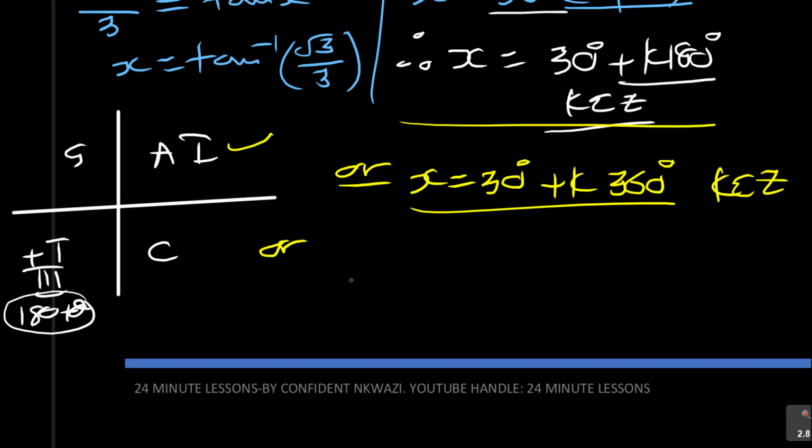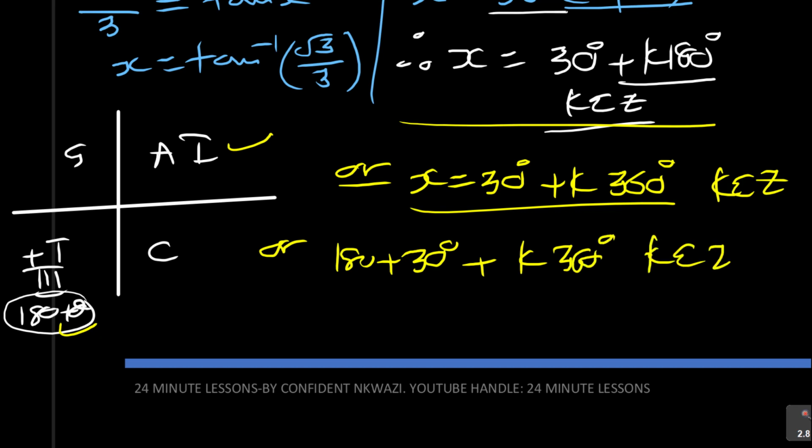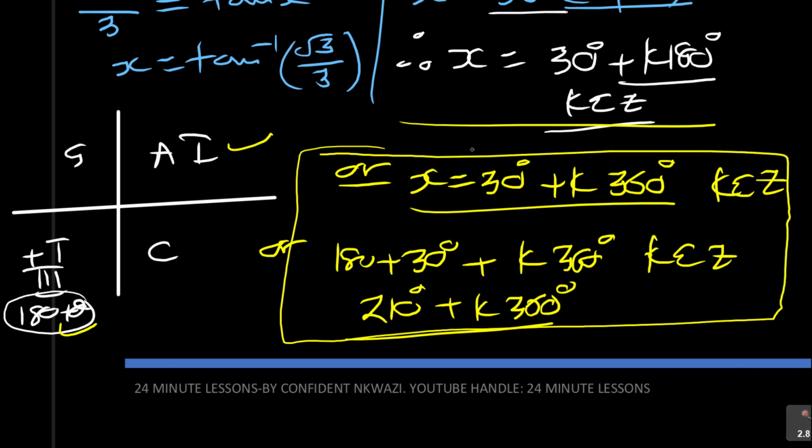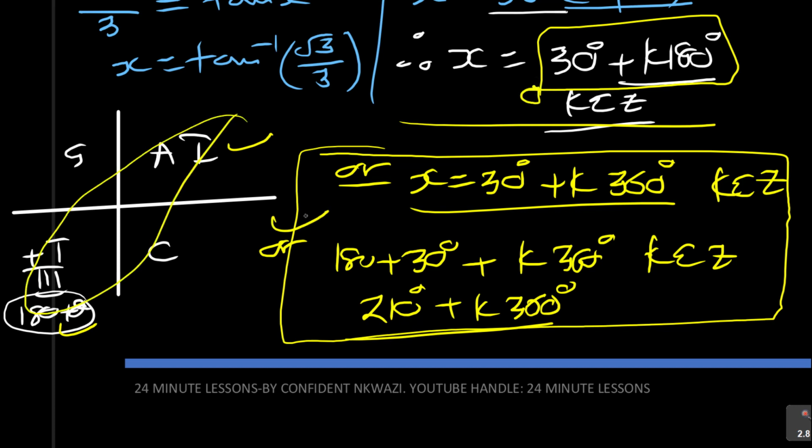The other one is this third angle, 180 plus theta, and your theta is your reference angle, plus k 360 degrees, so 180 plus that, it's 210 degrees plus k 360 degrees. Either you have this version of the answers, or you simply maintain that. But it's always important to follow the CAST. I will always prefer this version because I work with the CAST diagram. I don't have to cram it.